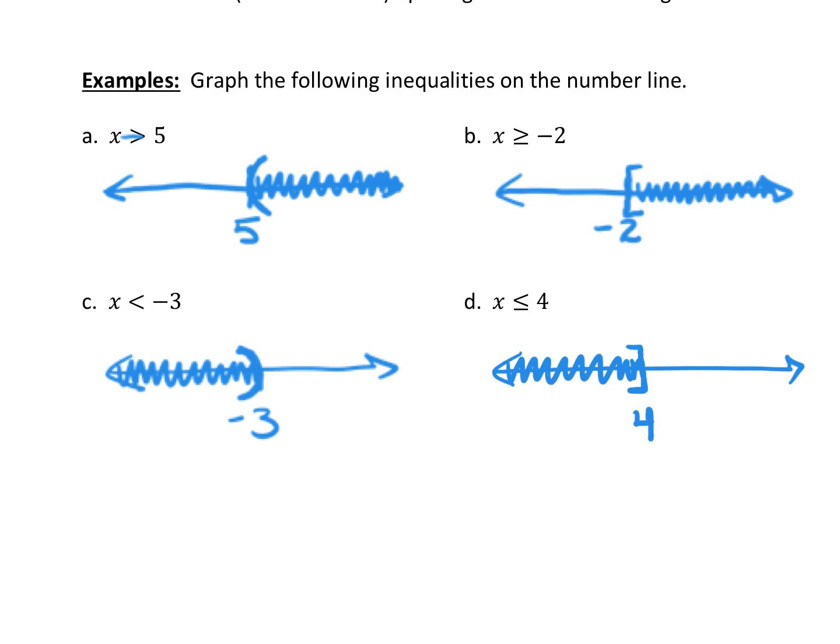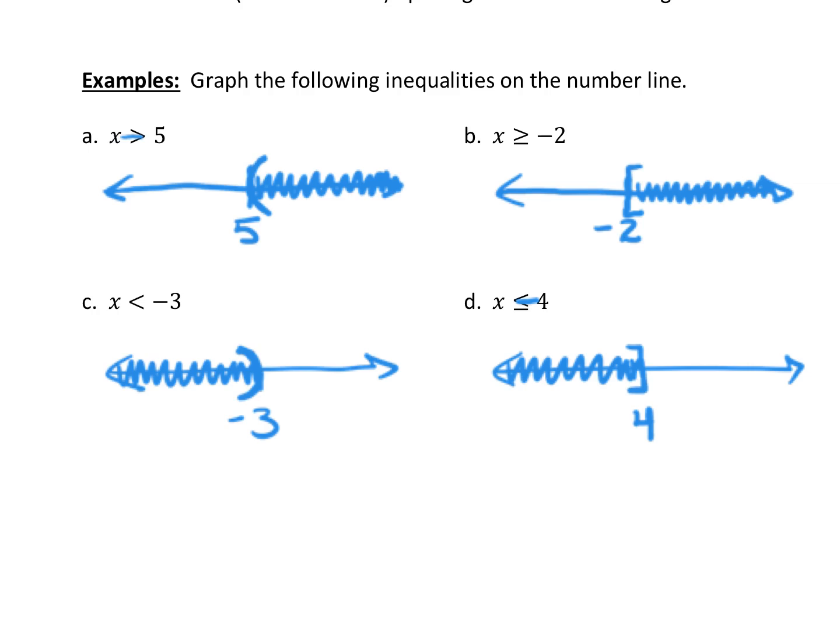And similarly on these other ones, x is less than or equal to 4. I can put a little line in there, and it looks like an arrow pointing to the left. Now the important thing to note is that you can only use this trick if your variable is on the left side of the inequality.